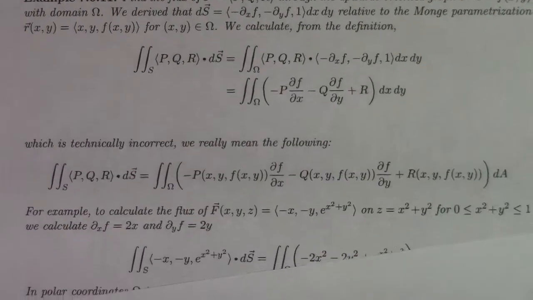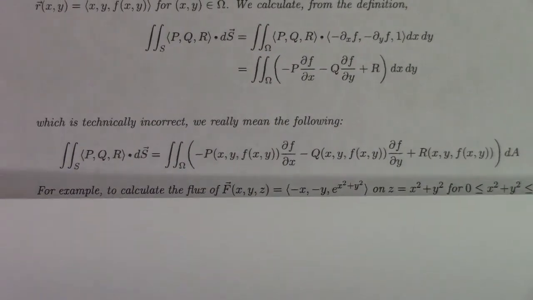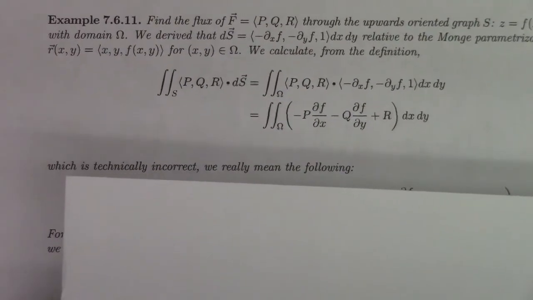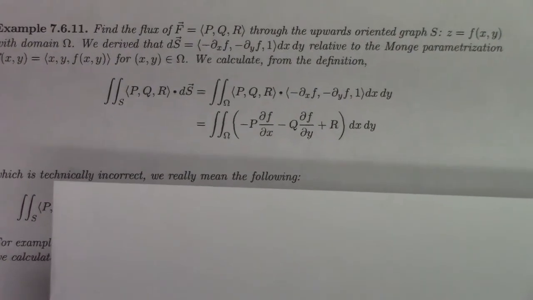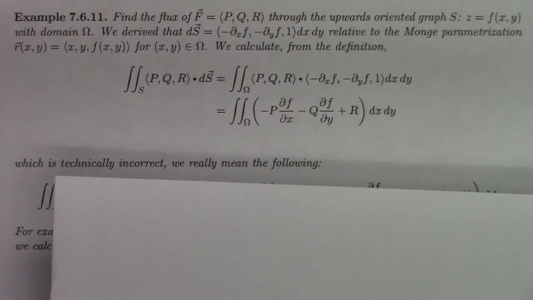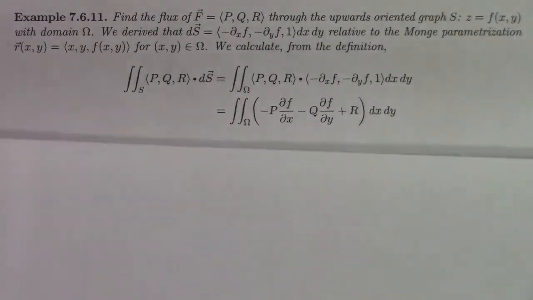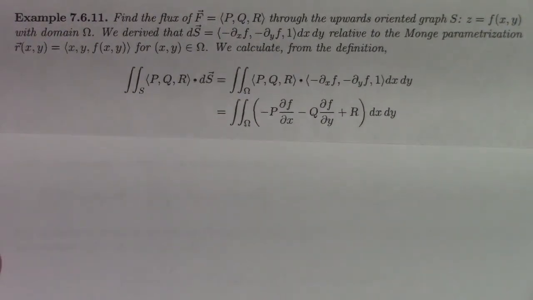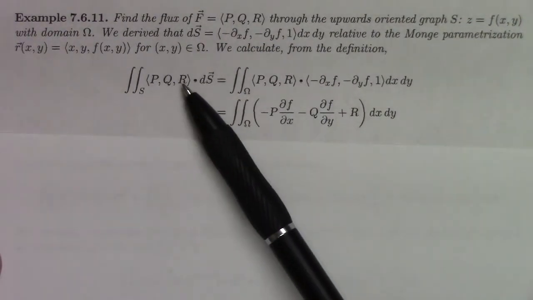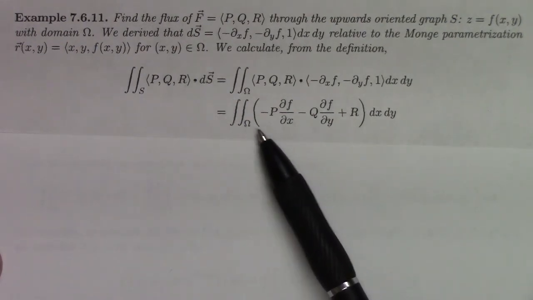And then finally, here's the kind of problem you typically see in a regular, plain garden variety mainline calculus book. They tend to not talk about parameterizations hardly at all and just give you this formula for how to calculate the flux of PQR through a surface which is a graph.